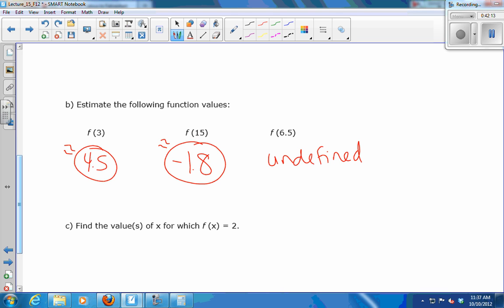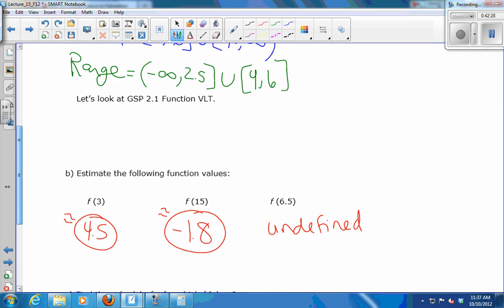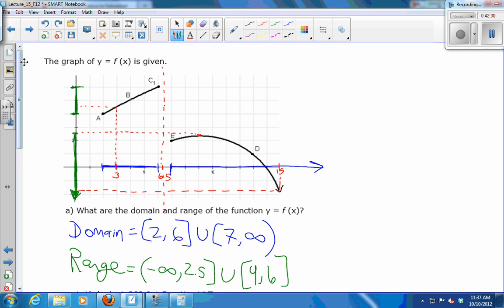All right, and then I want to find values of x for which f of x equals 2. So now they're asking for x, so they're looking for an input, and they've given you the output of 2. So if I go up to my graph, I want to go to a y value of 2 and find the x value that will give that output.